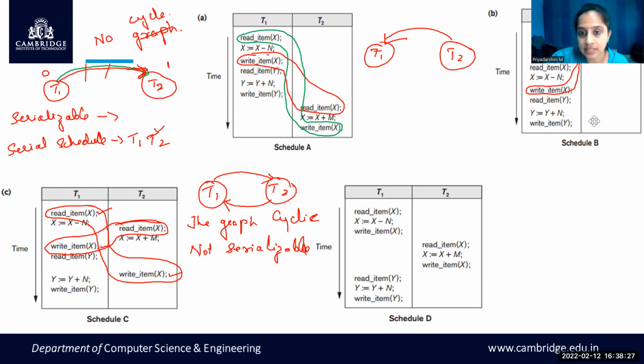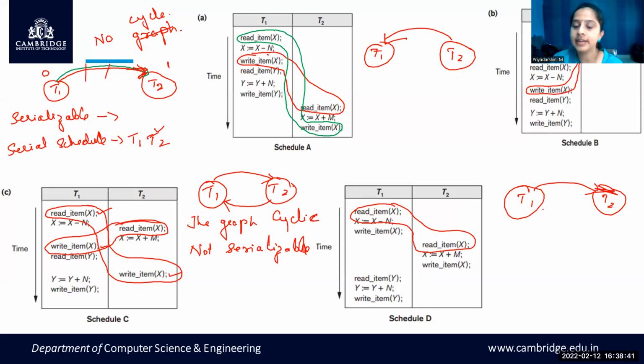Now let's check this quickly. Schedule D, T1, T2. I have T1 followed by T2, right? That's all. This also comes with T1 followed by T2. Only once do I have to take those conflicts.